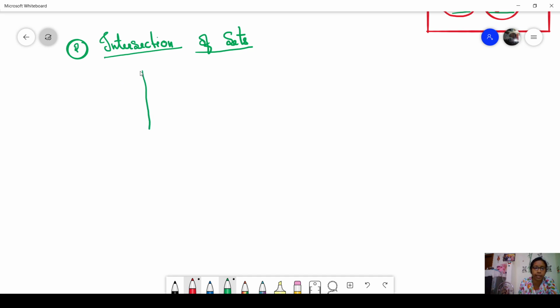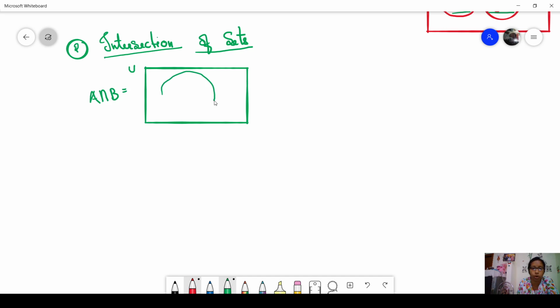Before that I am again drawing one rectangle, that is our universal set. I need A intersection B, so I am going to draw A intersection B for this one. So we have A and B, and before also we have seen B is a proper subset of A. So A will come outside and B will come inside, and the elements which are common are 1, 2, 3, and in A, 4 is left out.